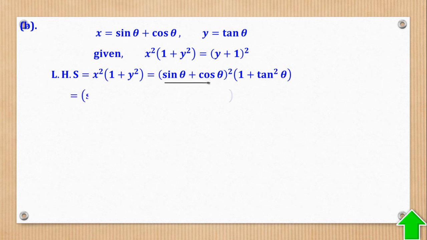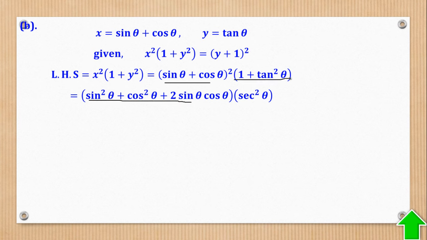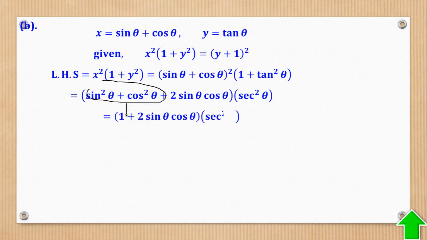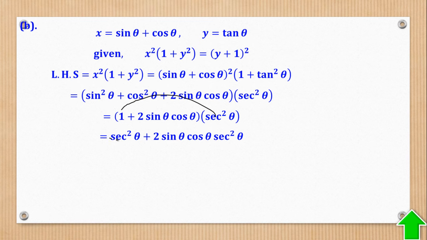For this I have to expand. It gives this, then this one's an identity which gives sec squared theta. Then here there's an identity for this, which is 1. Then I open brackets, say this plus times that is this times this is that.